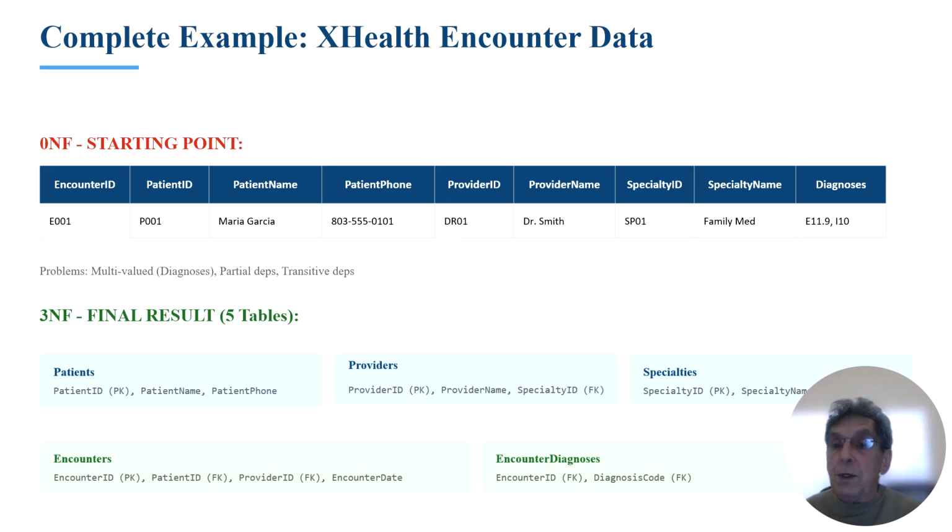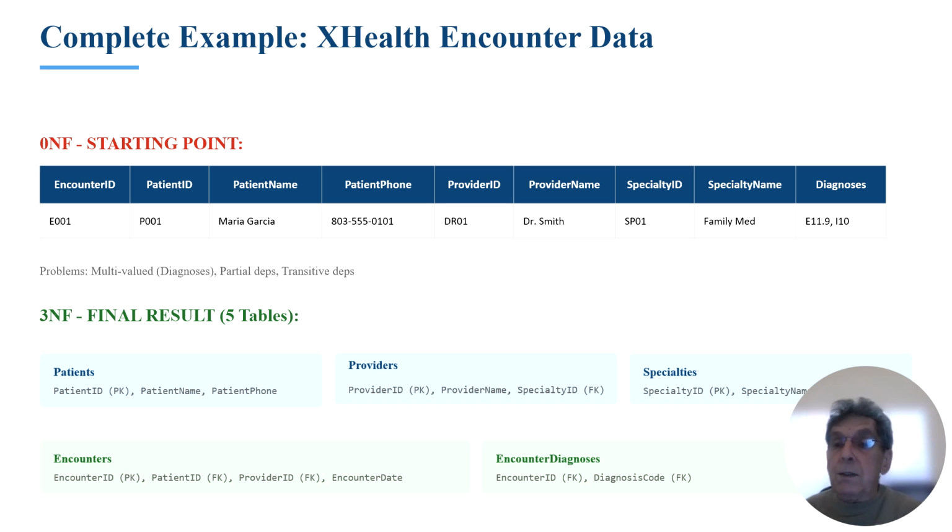The problems are numerous. The diagnoses contain multiple values. That violates first normal form. Patient name depends on patient ID only, not the full record. Ready for second normal form issues. Specialty name depends on specialty ID, not provider ID. So we have a transitive dependency that violates third normal form.